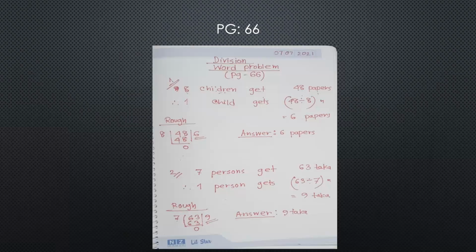Here 7 is given, a big number is given. A father has 63 taka. He wants to give his money equally to his family of 7. For 7 people he has 63 taka. So per person, per person means 1 person. So 7 people get 63 taka, so 1 person gets 63 divided by 7.